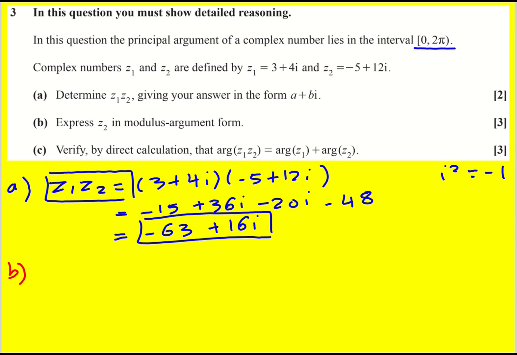In part B, we're asked to express Z2 in modulus argument form. So Z2 is minus 5 plus 12i. That means it's going to be up here, because this is my real axis, this is my imaginary axis.